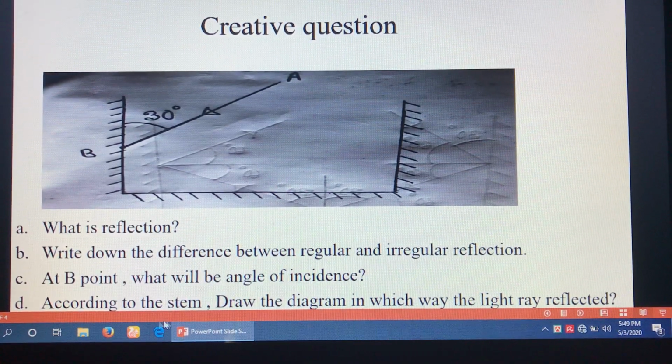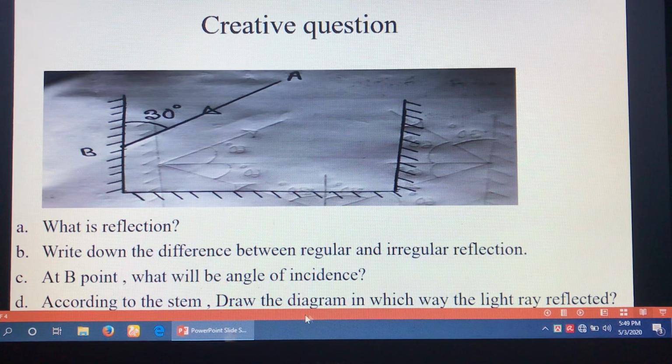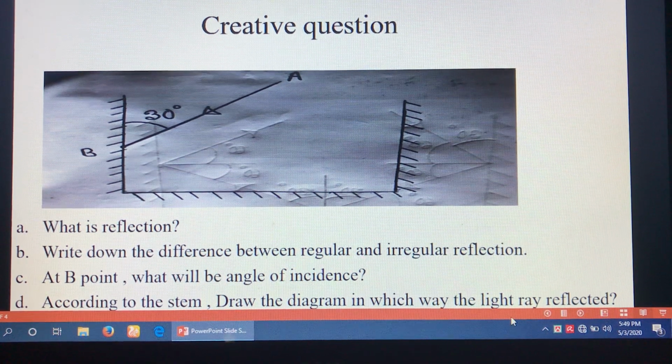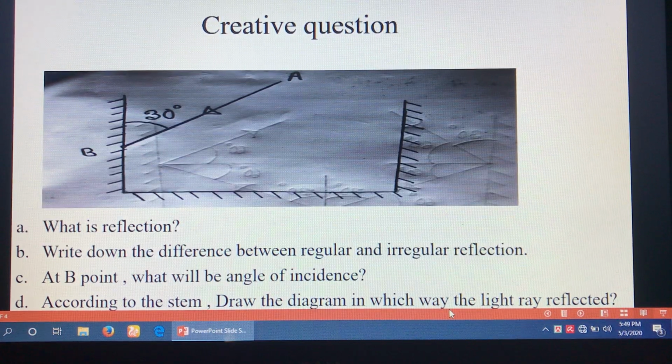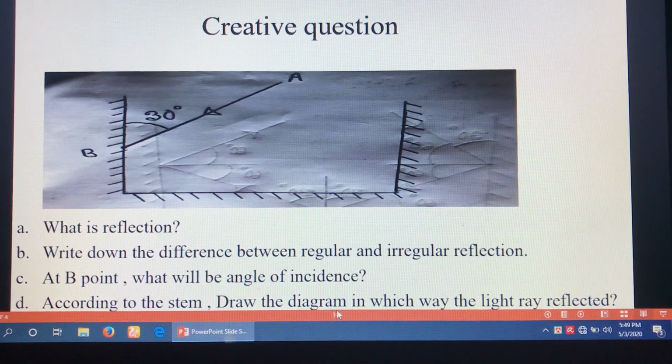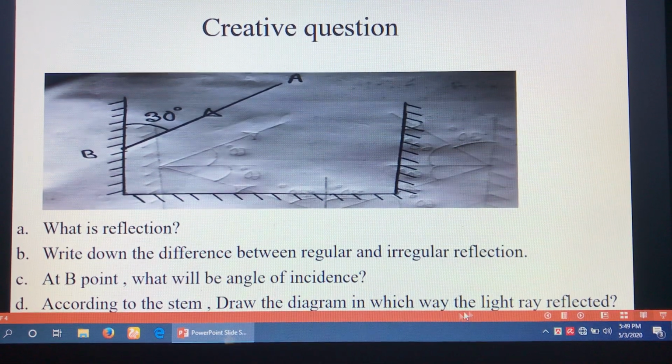Question D. According to the stem, draw the diagram showing how the light ray is reflected.